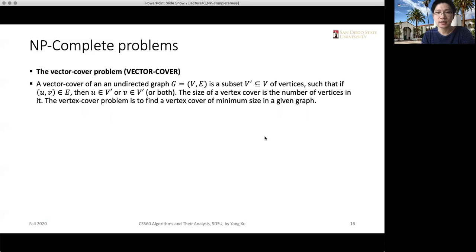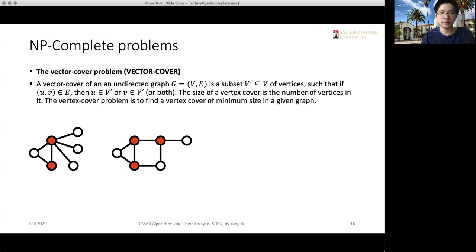The size of the vertex cover is the number of vertices in it. Contrary to the clique, the vertex cover problem wants to find a vertex cover of the minimal size.